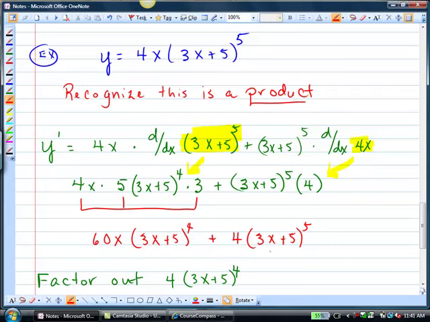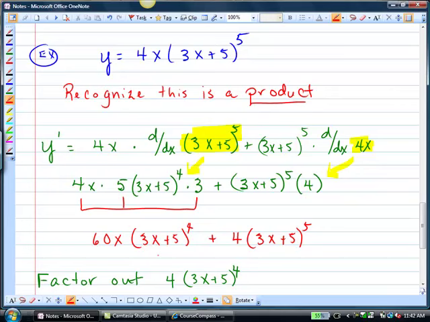I can't collect like terms, but do I have some things that are kind of the same in both pieces? In the 60x and the 4, could I pull out a 4? I'm just thinking about what's common in both pieces. And when you look at these two, you can pull out 3x plus 5 to some power. What power can I pull out?